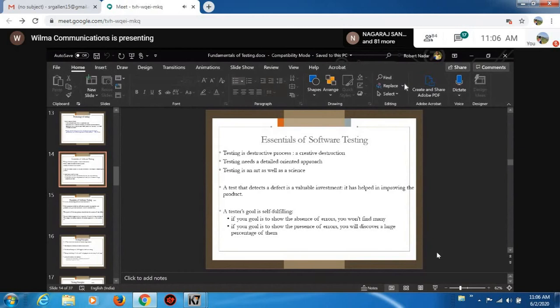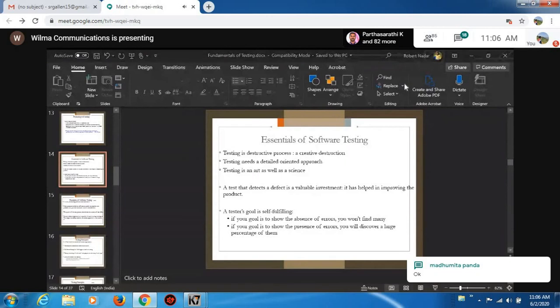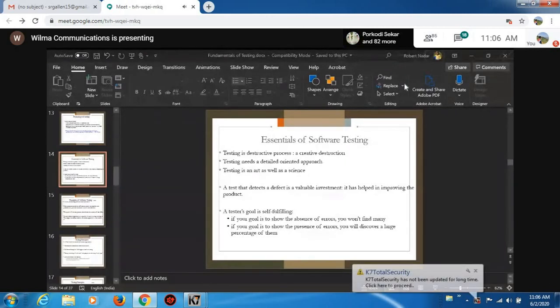So every product contains defects. What we are supposed to do with testing is try our best to find the major defects in the application and improve the level of quality as much as possible.